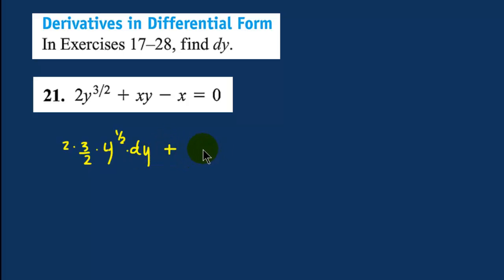Plus, now let's differentiate the product xy. So the differential of x is dx multiplied by y plus, now we take x times the differential of y, minus dx equal to 0. So that cancels out, and we just factor out the dy, and then the rest will be moved to the right hand side.